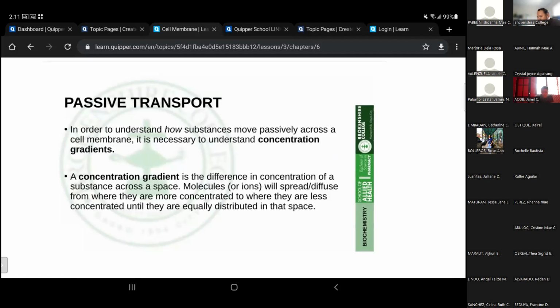Molecules will spread or diffuse from where they are more concentrated to where they are less concentrated, so the movement of molecules is from a higher concentration to an area of lower concentration. That is all that a concentration gradient means.